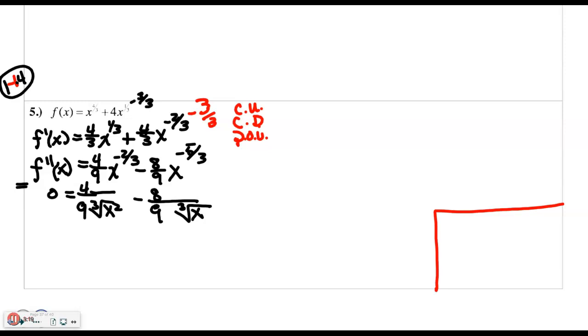x to the 5th. And whenever we want to determine where a derivative or second derivative equals 0 or doesn't exist, we have to analyze the numerator and the denominator, which means we need a single fraction. Now you might be tempted to do the crisscross applesauce, which is fine, but you're going to end up with kind of a mess that you need to simplify.